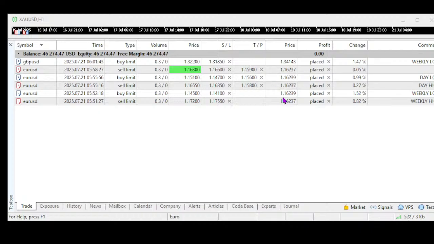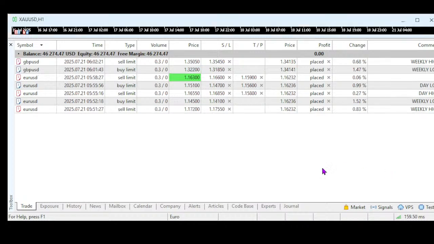Okay, weekly sell. This is at 135.05, and we'll put the stop at 45. This is a GTC order, and weekly high we are expecting.